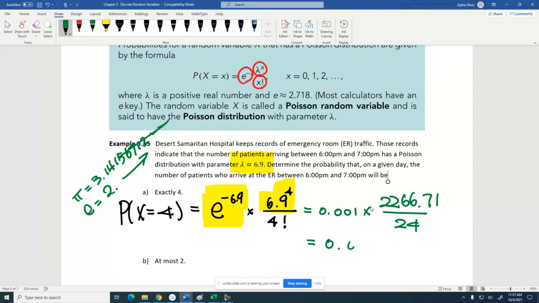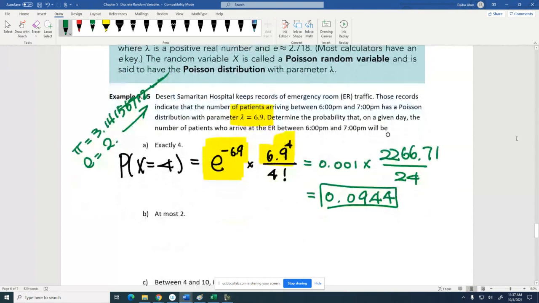I have 0.0944. That is the probability we are going to get exactly 4 patients arriving at the ER between 6 and 7. It's good, right?